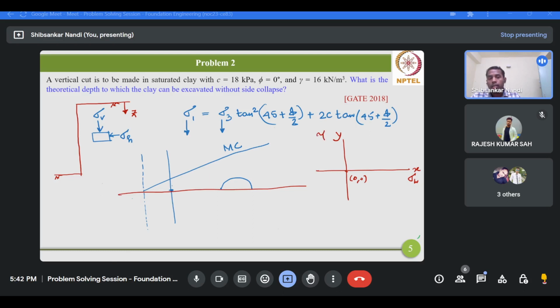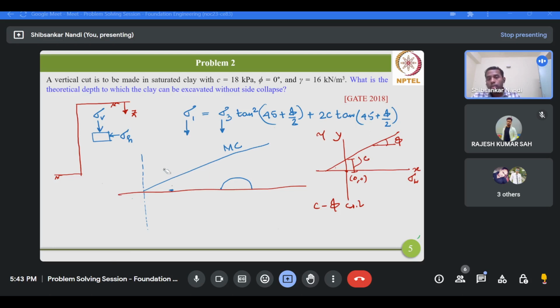Now for a cohesive frictional soil, the soil has both cohesion as well as angle of internal friction. That means for a c-phi soil, the Mohr-Coulomb or shear strength envelope should become like this, and the gradient of this line will give you the friction, and the intercept value along the shear stress axis will give you the cohesion.